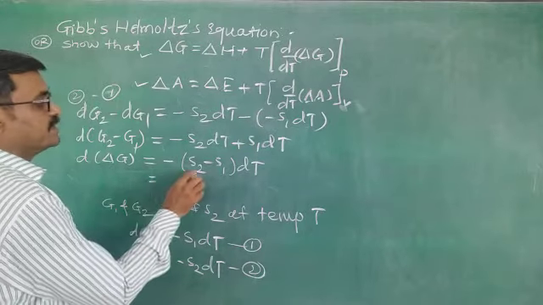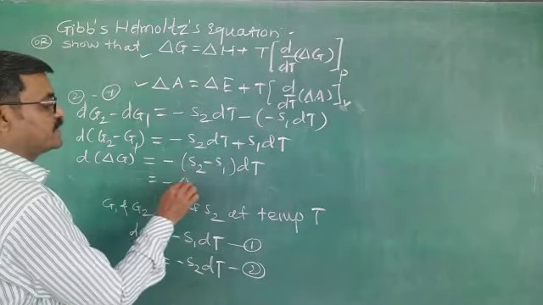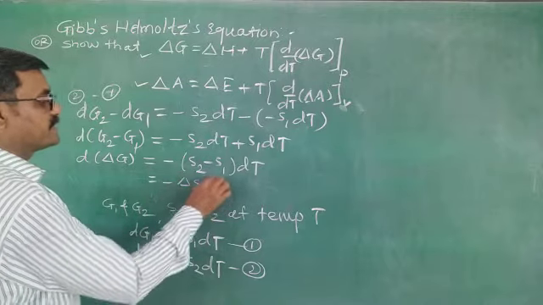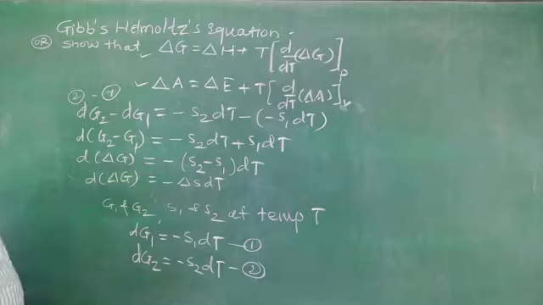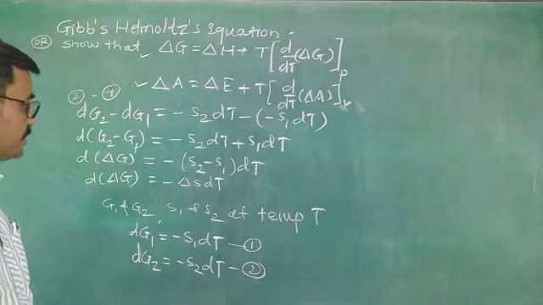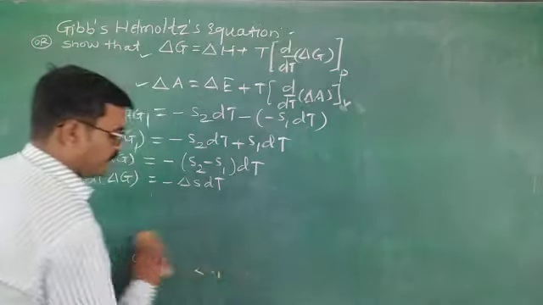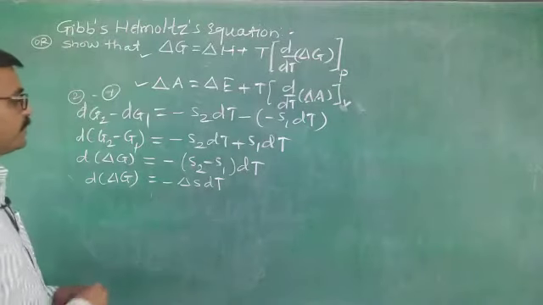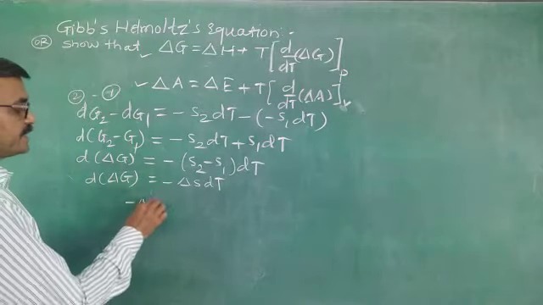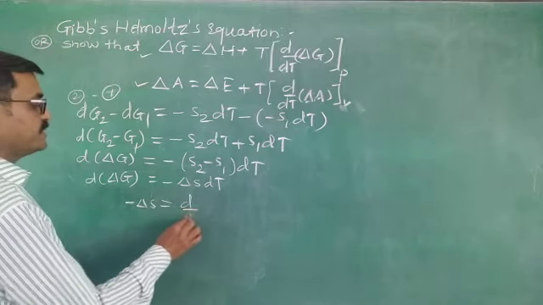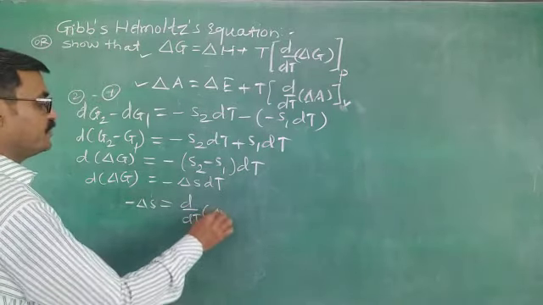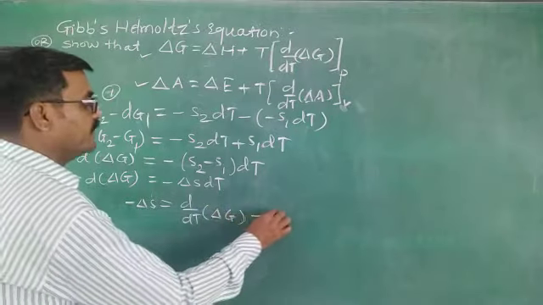Now again this S2 minus S1 becomes delta S. Now after this, from this equation, minus delta S is equal to, this dT comes to the numerator, that's why d/dT of delta G. It will be equation 3.